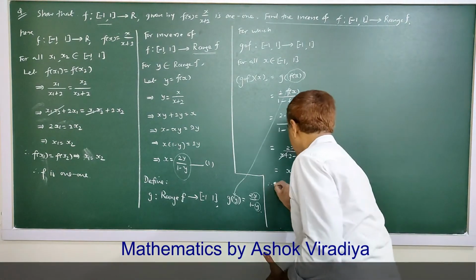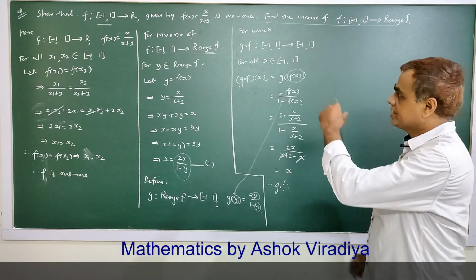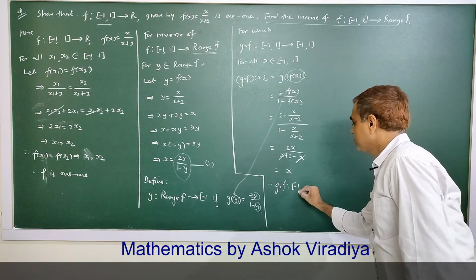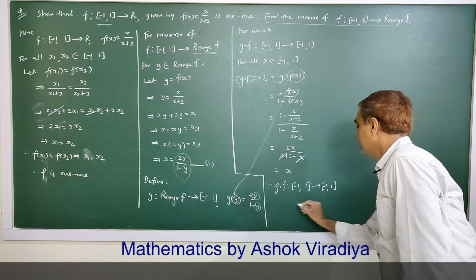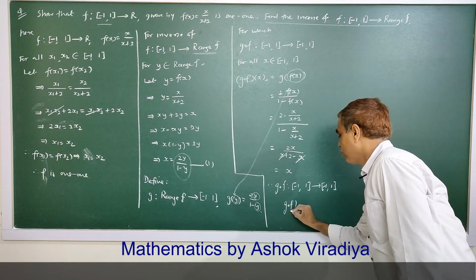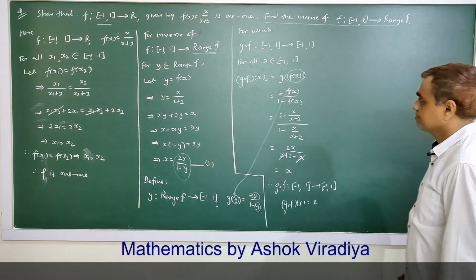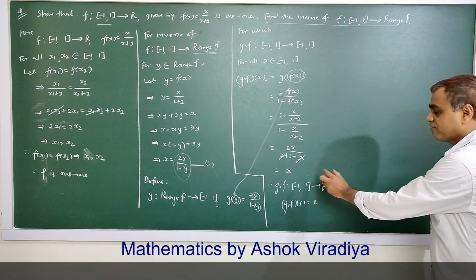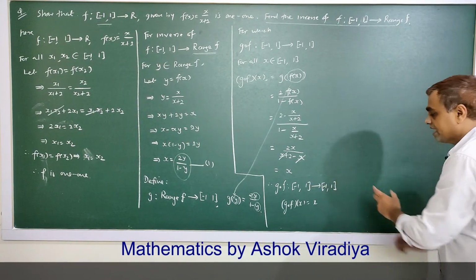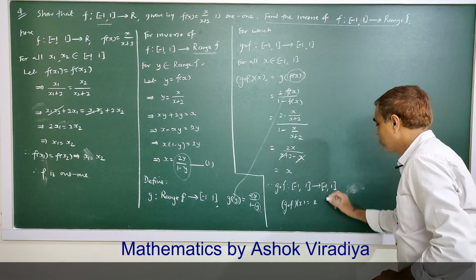Therefore g∘f is from -1 to 1 to -1 to 1, g∘f of x equal to x.